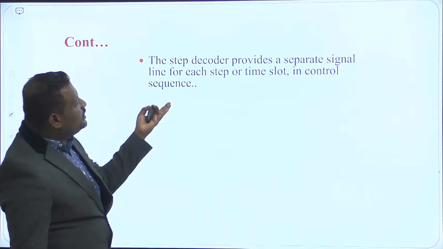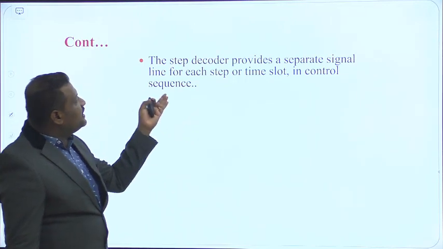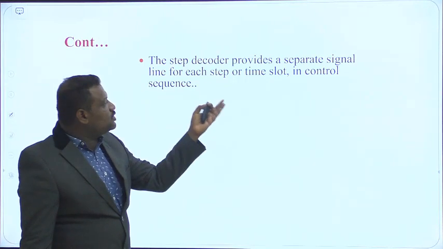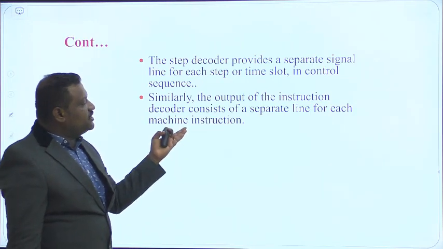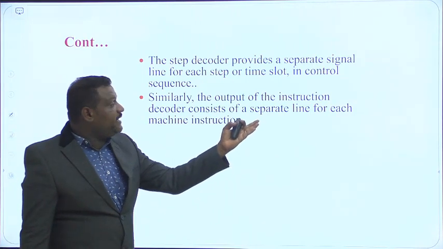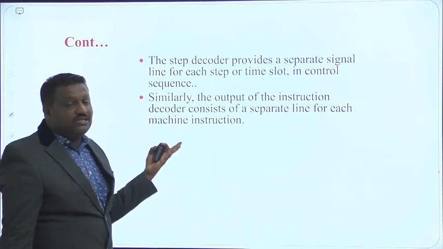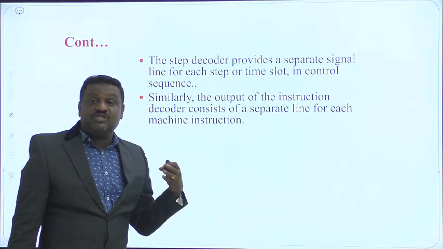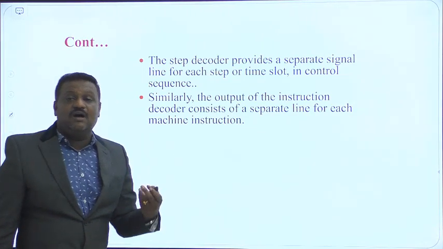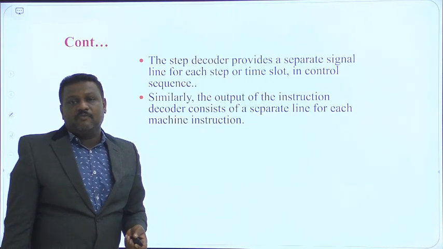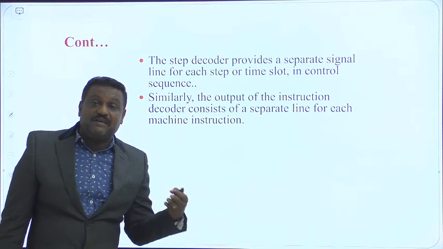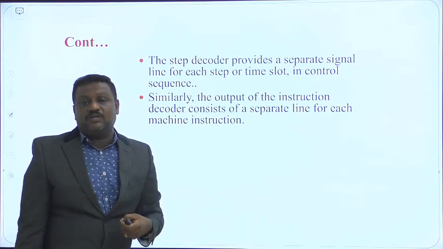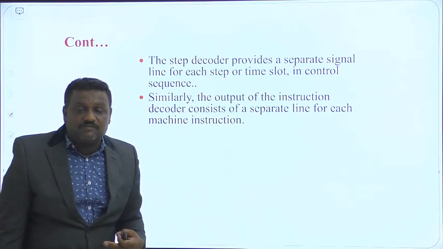So the step decoder provides a separate signal line for each step or time slot in a control sequence. Similarly, the output of the instruction decoder consists of a separate line for each machine instruction. Your machine instructions here are INS1, INS2 and so on, INSM. For each and every machine instruction, I have a separate dedicated line which is given to the input of my encoder circuit, which produces the required control signals for me.